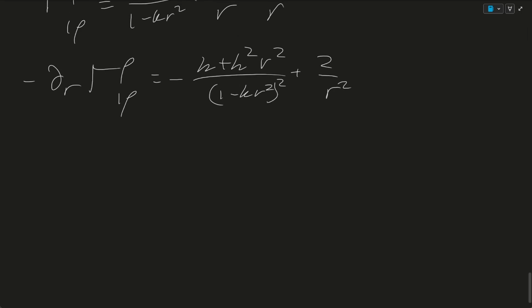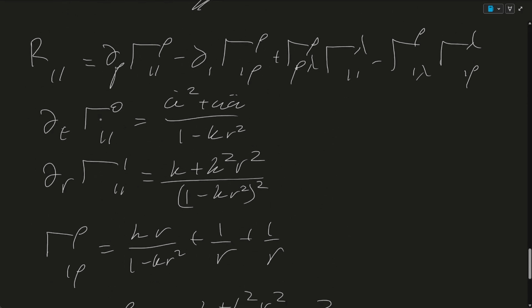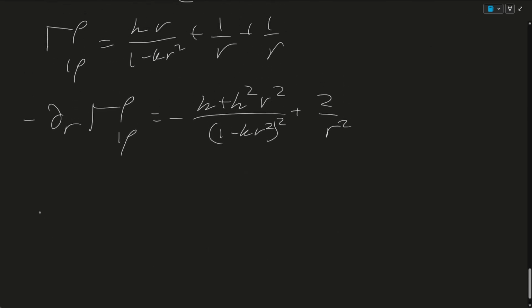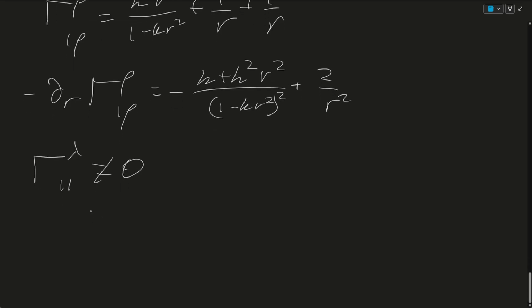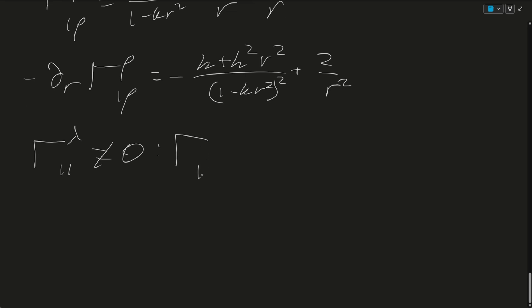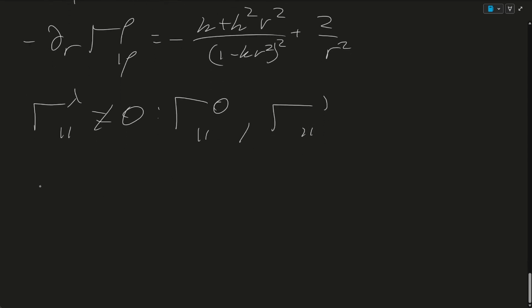Now term 3. What we want for term 3 is that this is not equal to 0, and the two that satisfy that are 1, 1, 0 and 1, 1, 1.